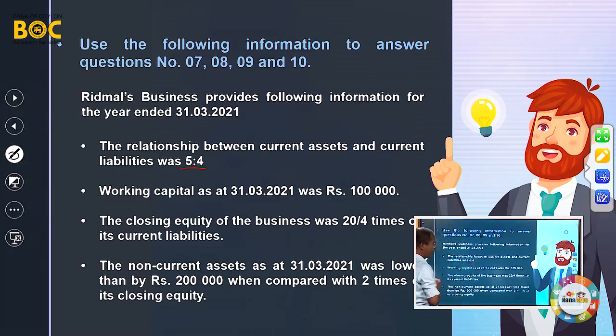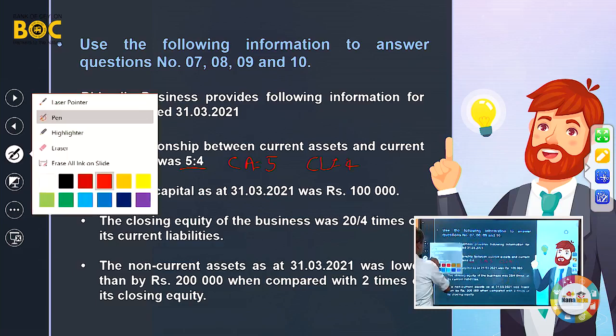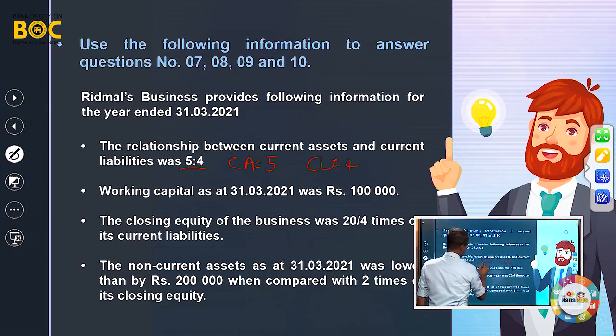If current assets is 5, current liabilities is 4.